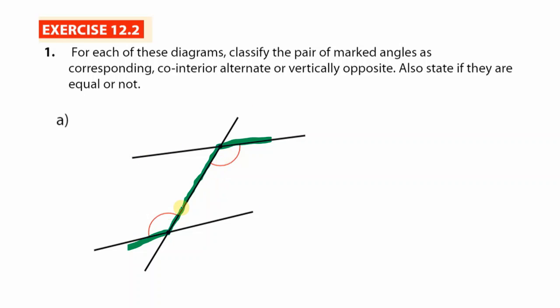So they switch on the transversal. So it is what we refer to as alternating angles. And alt angles is a perfectly acceptable abbreviation in maths for alternating angles. And they are not equal because there is no indication that these lines are parallel.